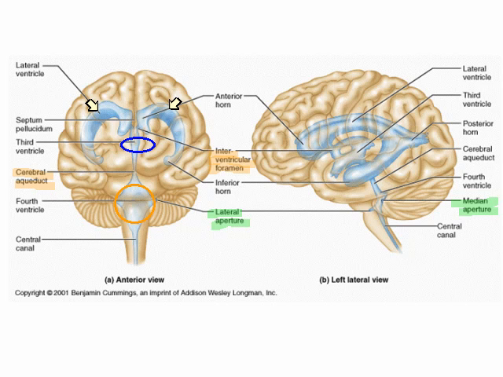The median aperture allows for circulation of cerebrospinal fluid around the brain, and the lateral aperture is going to allow for cerebrospinal fluid circulation down around the spinal cord.